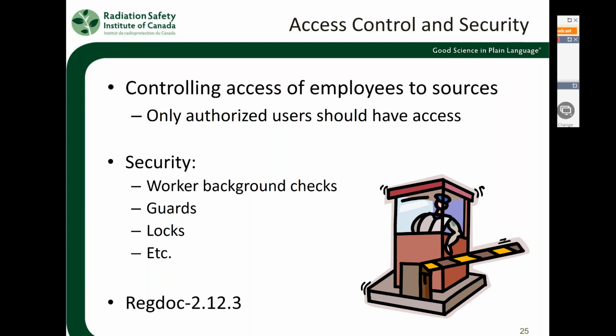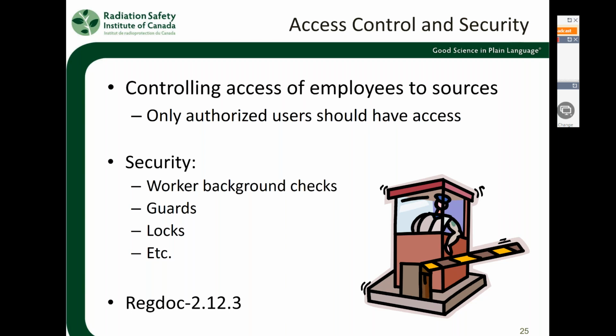Depending on the classification of your sources, and this is for sealed sources, you may be required to ensure that your workers have criminal name background checks. Those would have to be done by any worker who has unsupervised access to the radiation sources. So that's a big part of what that document is requiring.